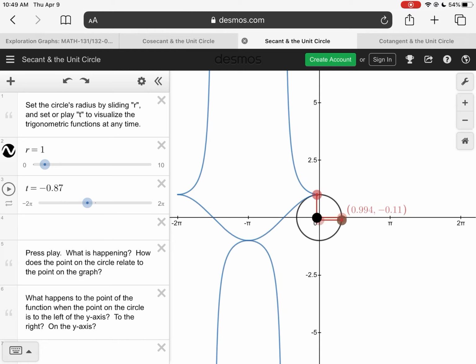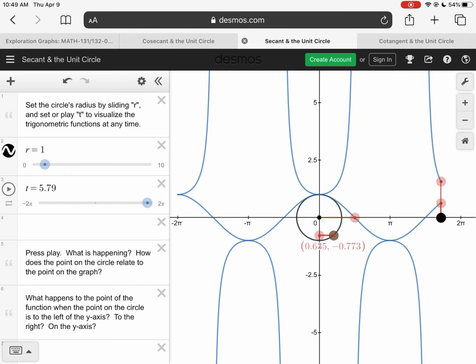If you keep thinking through, at negative pi, cosine has a point at -1, then you end up with the points that are the minimums and the maximums for the secant curve.